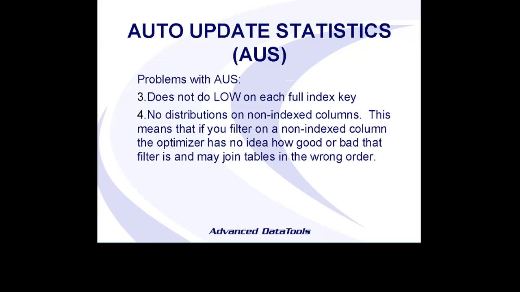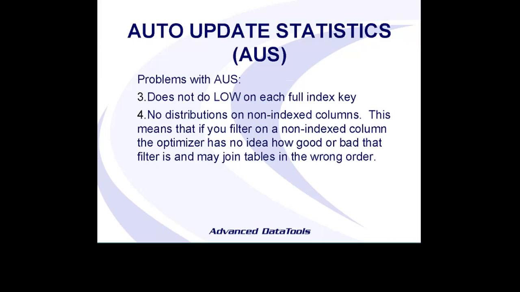Okay. So what I was saying was the AUS doesn't calculate the low on the full index key, as I mentioned earlier, and it doesn't calculate any distributions at all on non-indexed columns unless you already have them calculated in your tables. It will duplicate what's there if it finds distributions for those columns. But on a clean database, it will not calculate distributions on non-indexed columns.